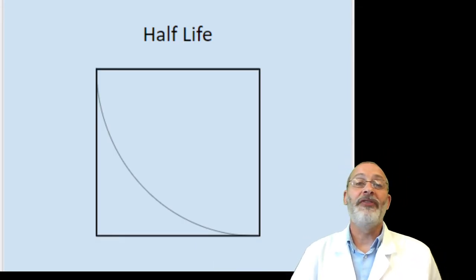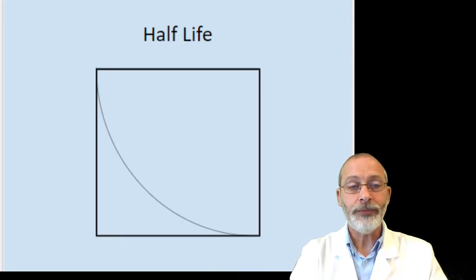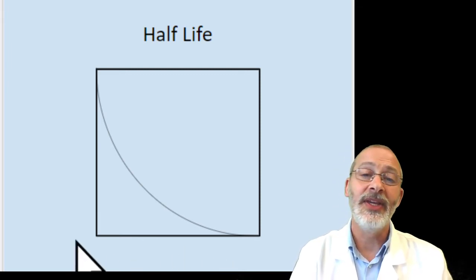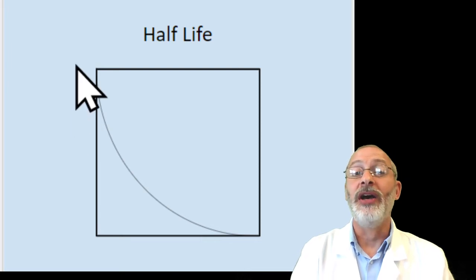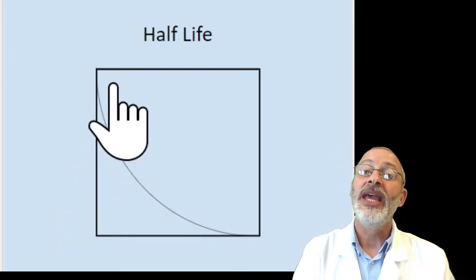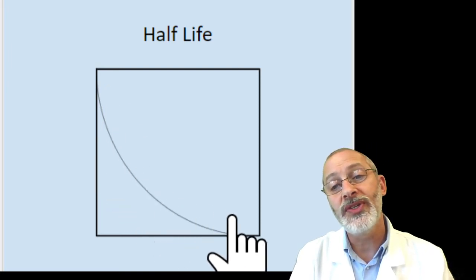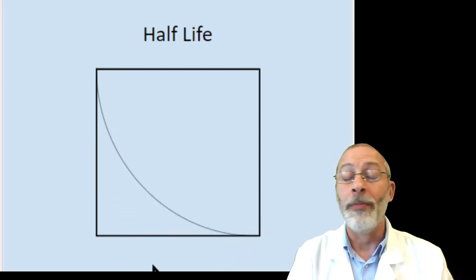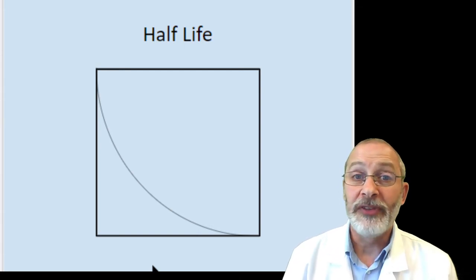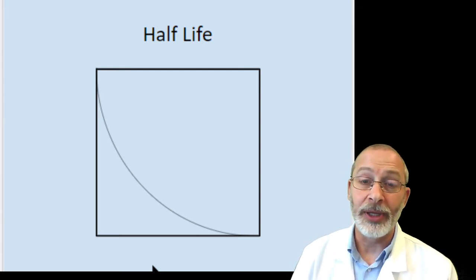So here's a half-life graph. We've got the half-lives on the x-axis and the percentage of the radioactive element remaining on the y-axis, and it always produces a curved graph, no matter how long or how short the half-life of an element might be.